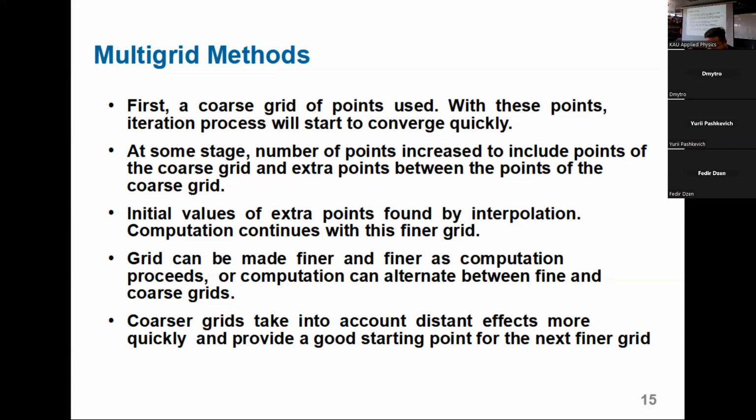When I increase the resolution, I need to find the values for the new points. I use the old points as the initial values, but since I have more points and some of them have no value assigned, I need to find it. I will just interpolate between those close parts of the grid, and I continue refining the grid until I finally reach the maximum resolution I needed at the beginning.